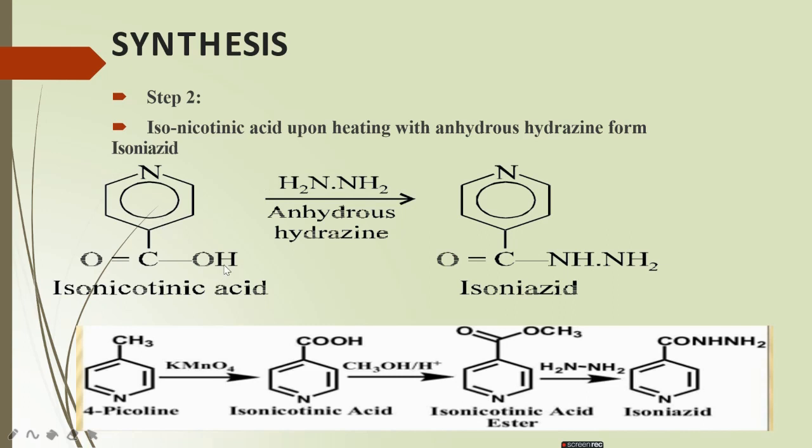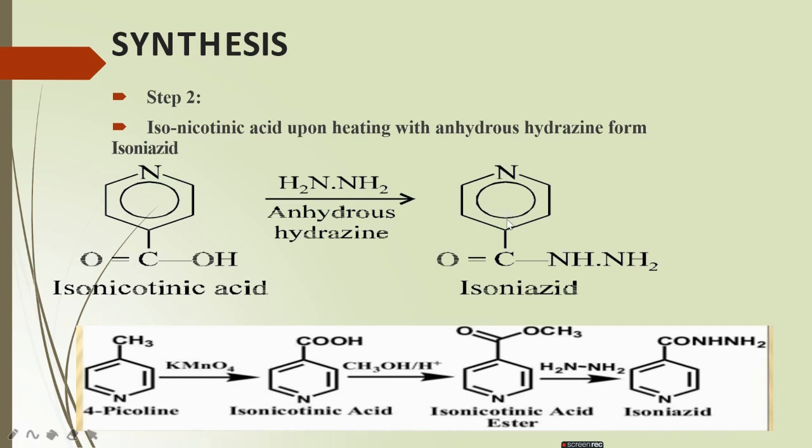The OH from the isonicotinic acid is separated with one hydrogen of hydrazine, that is, water is removed by the reaction of isonicotinic acid and hydrazine, and we will get our drug, that is isoniazide.